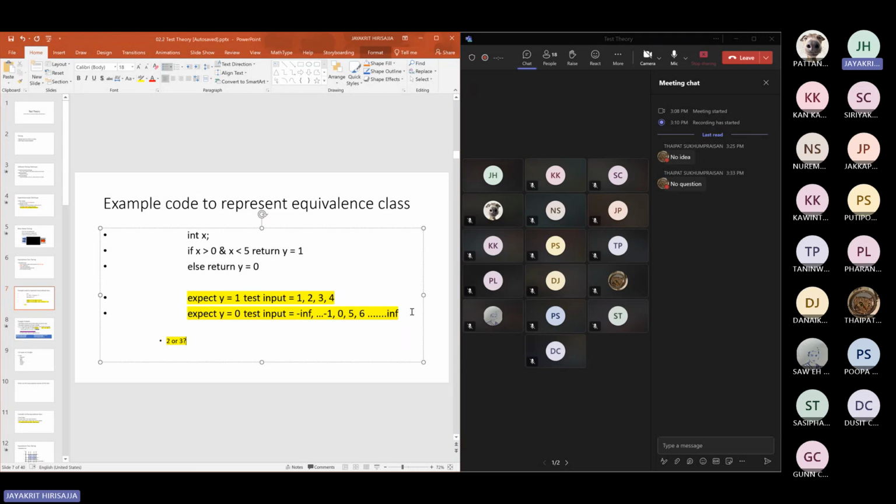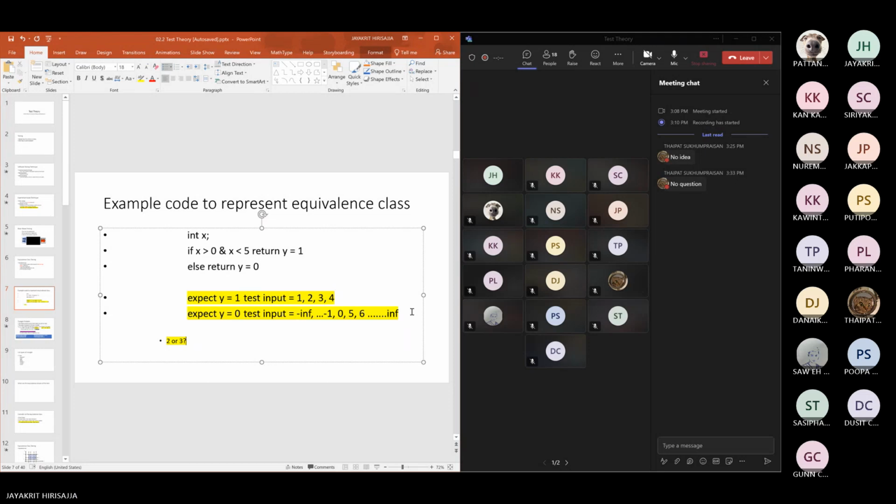Is it 2 equivalent classes for this example or 3?